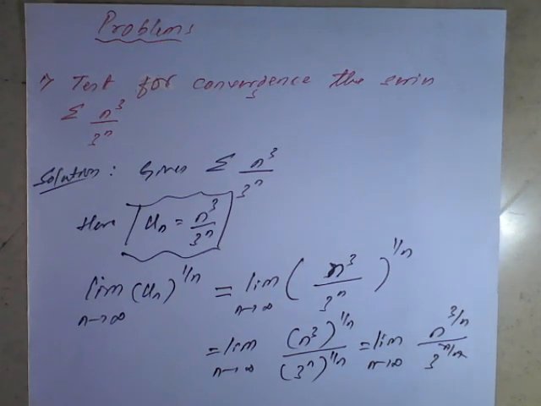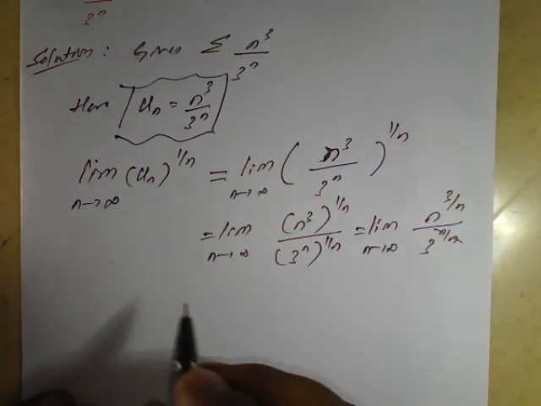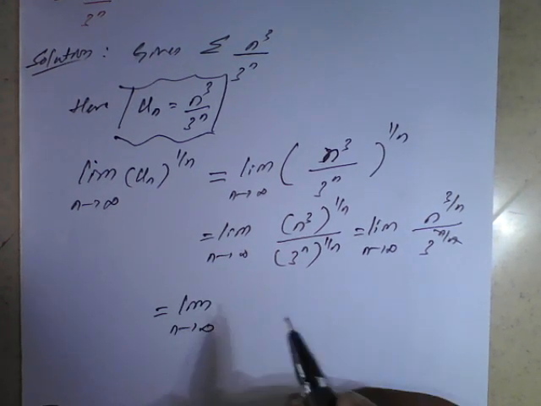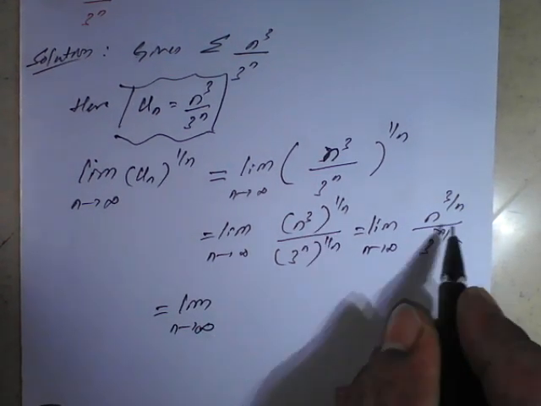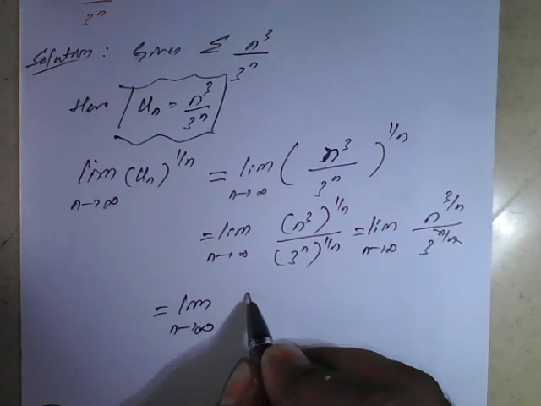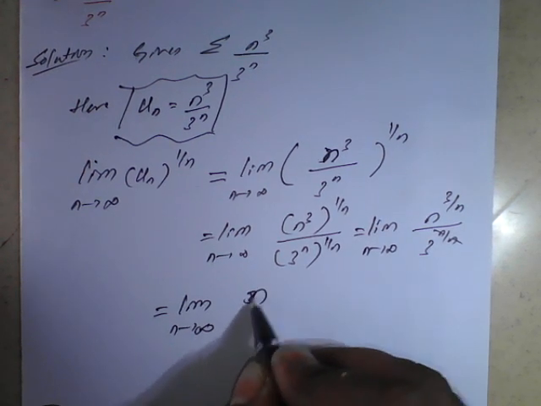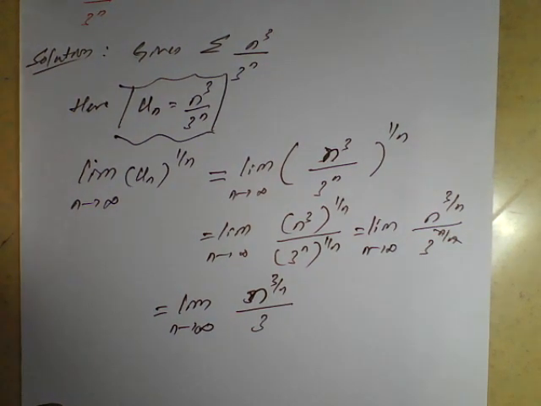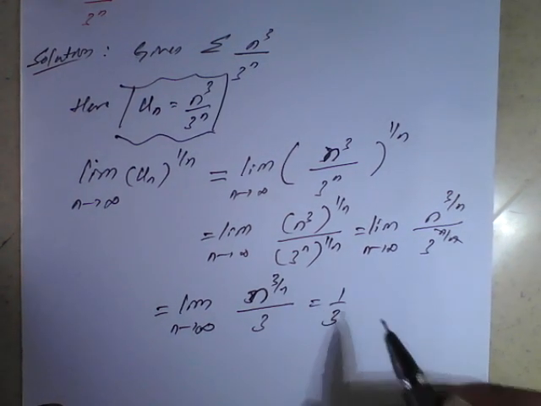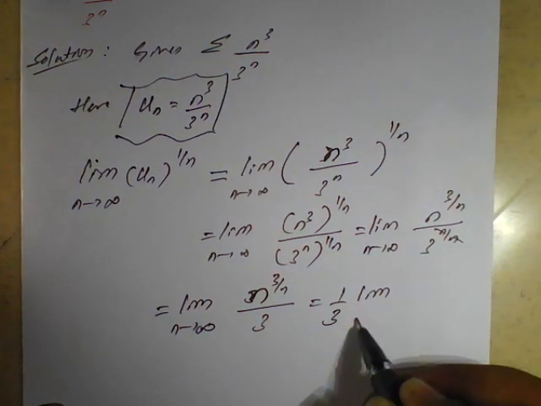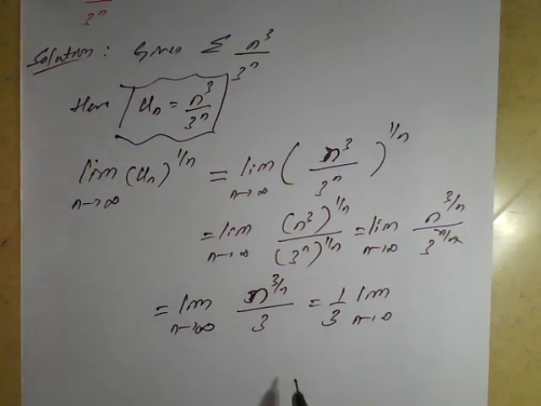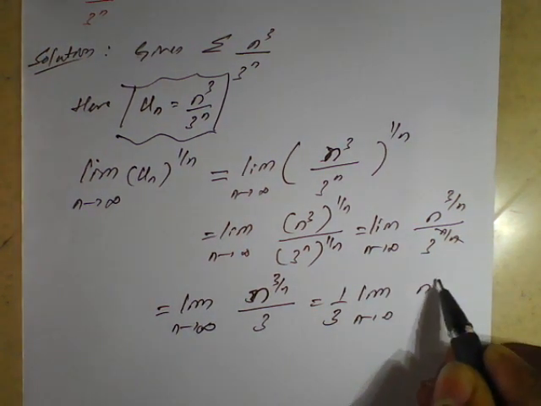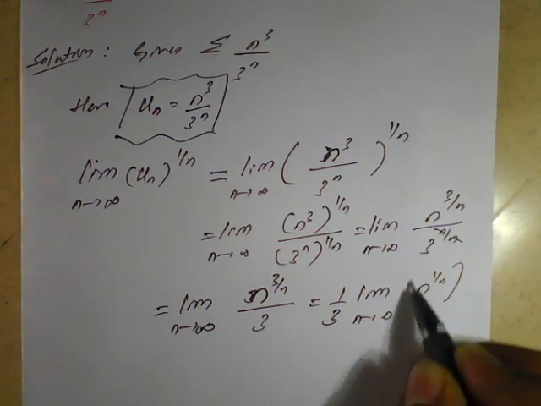The n cancels in the denominator, so we are left with limit n tends to infinity of n raised to 3 upon n divided by 3. We keep the 1 by 3 outside the limit, and write it as (n raised to 1 upon n) whole raised to 3.